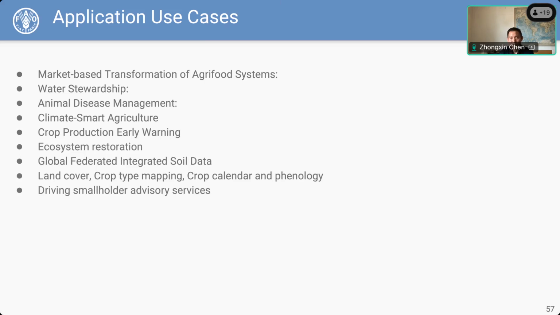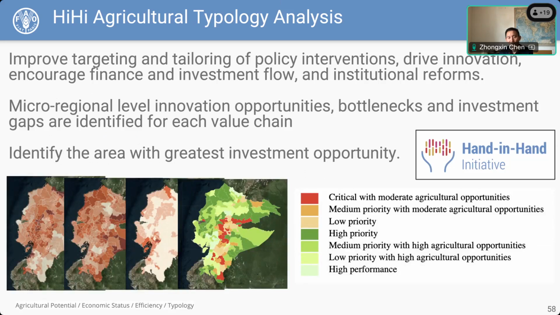I just list some use cases here, and I want to highlight that it's intensively used for FEO initiatives and project programs, for example the Hand-in-Hand Initiative to promote food production in food insecure regions.